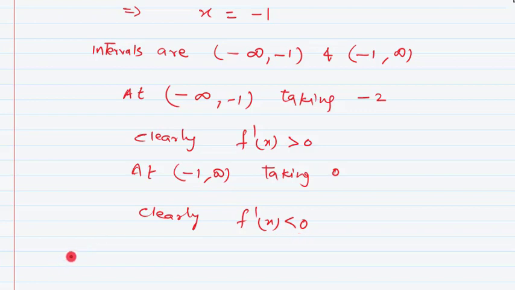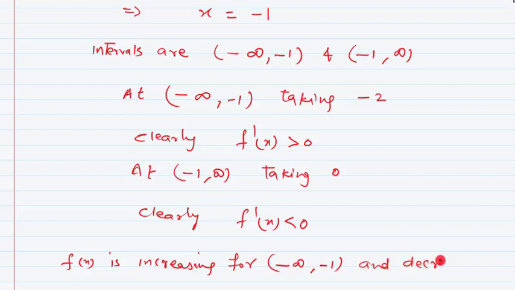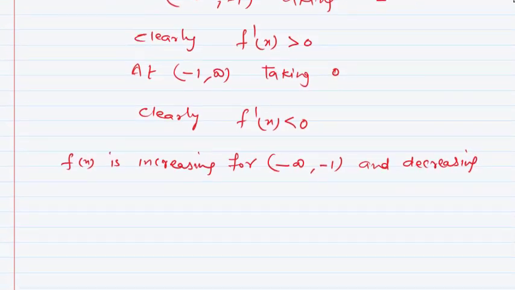So we can say f x is increasing for minus infinity to minus 1 and decreasing for minus 1 to infinity. So in these 4 steps you can prove very easily in which interval the function is increasing and where it is decreasing.